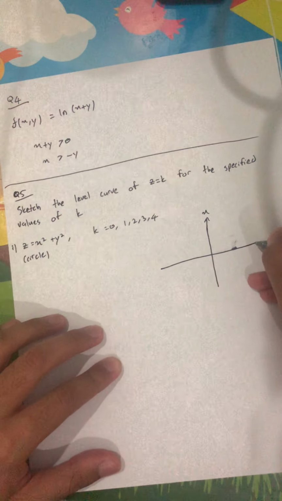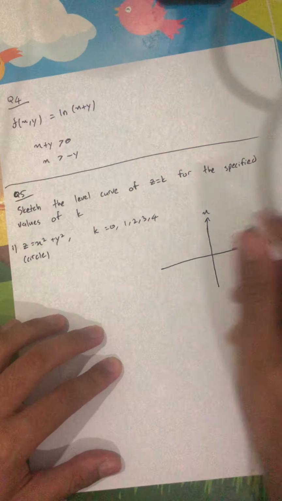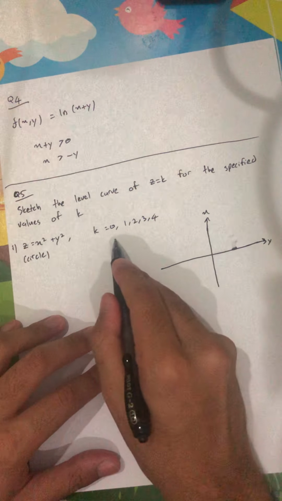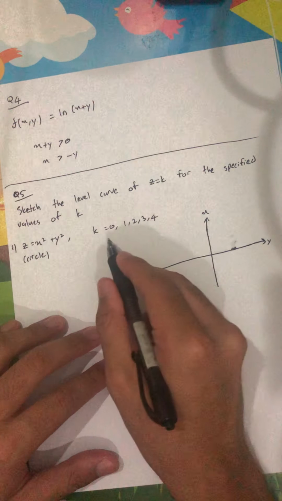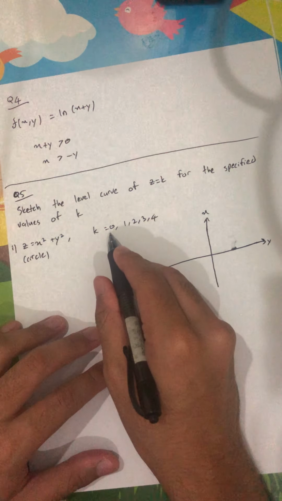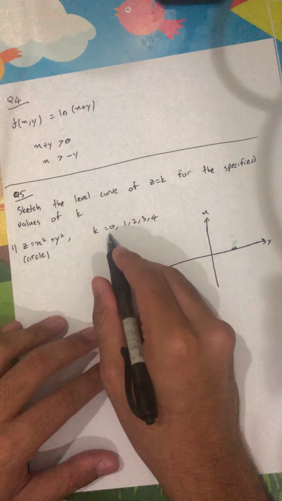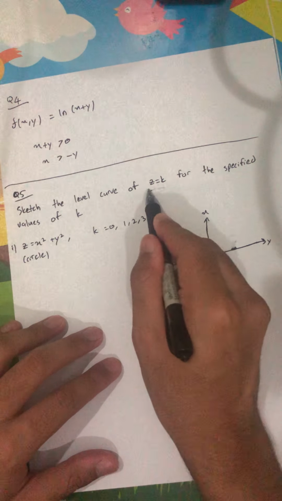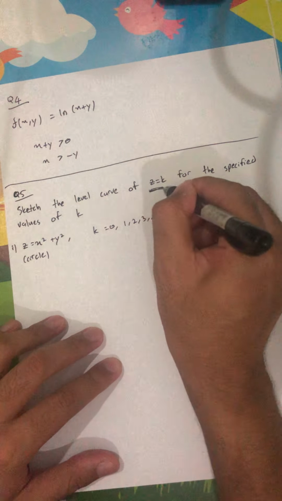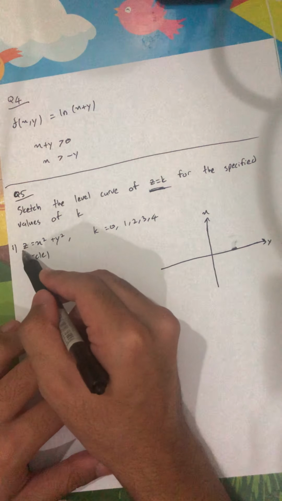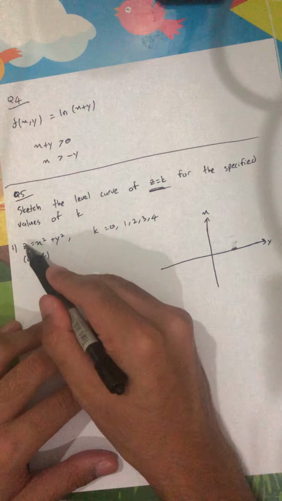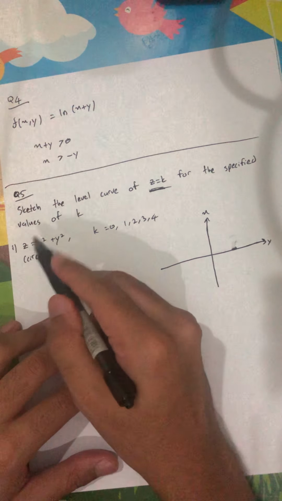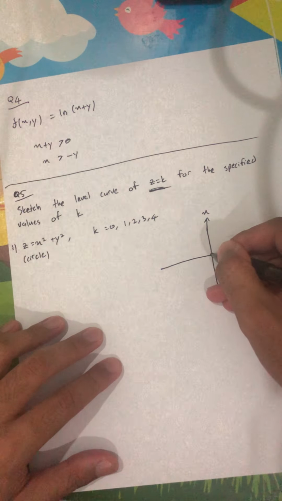So it is two-dimensional xy axis, since z is replaced with constants. So at z equal to k, don't forget about this. So basically this is k. When z equal to 0, the radius is 0, so it is just a point.